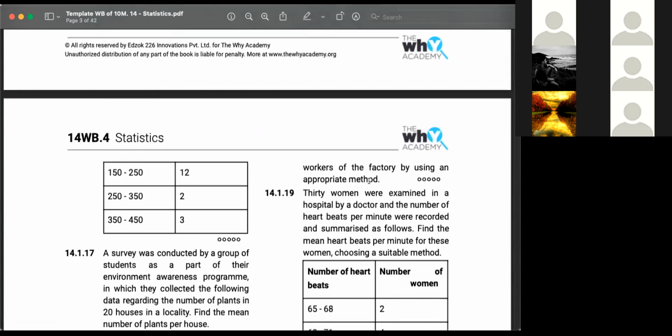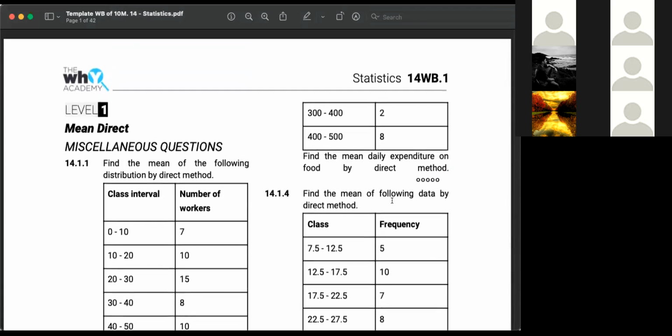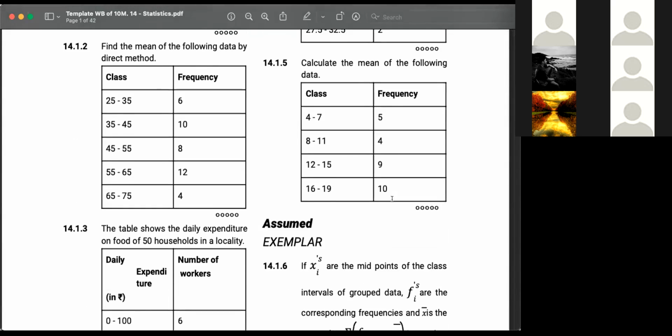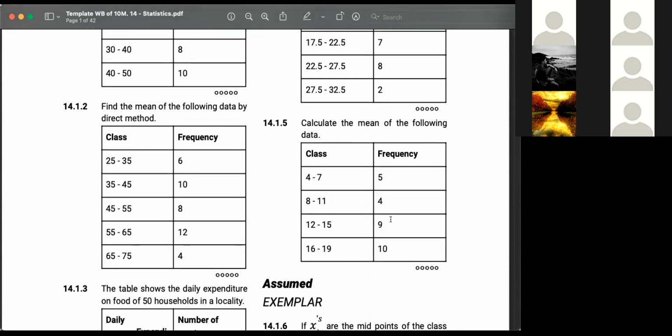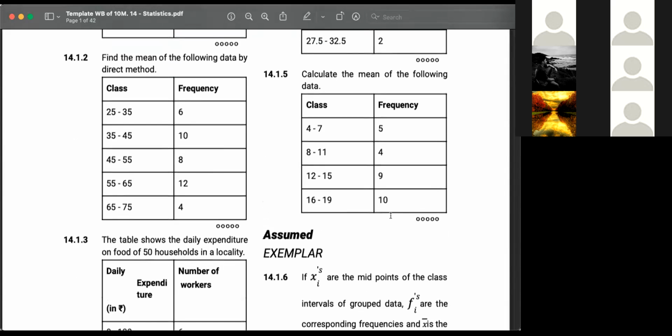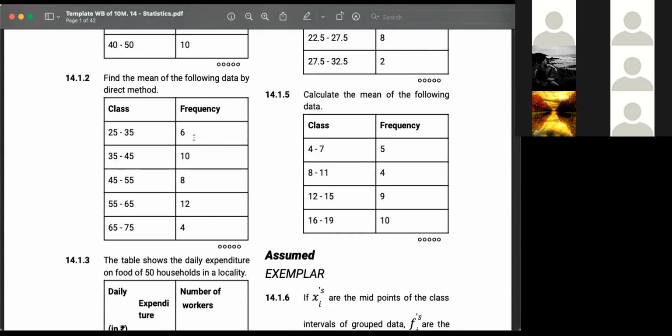Ma'am, let's do any sum. We'll take out the mode. Okay. What about 2? Yeah, just looking at that. Yeah, let's do it with 2.